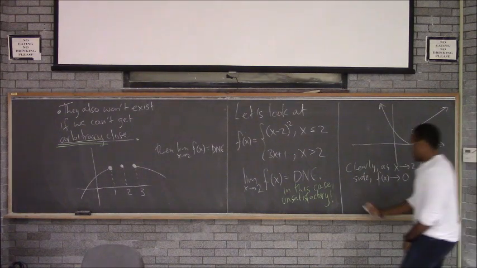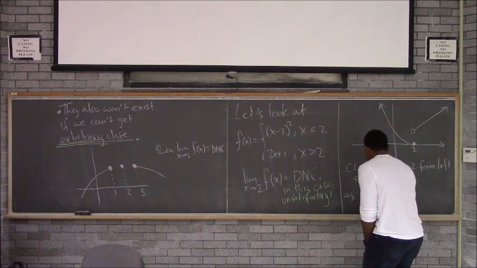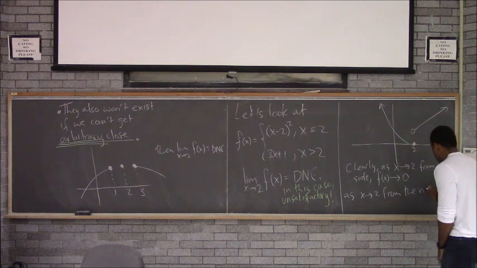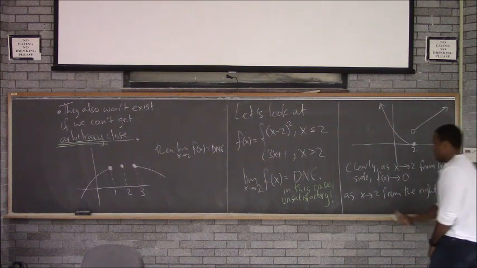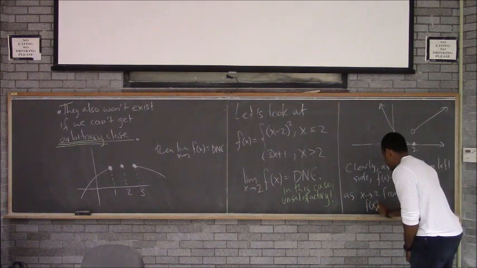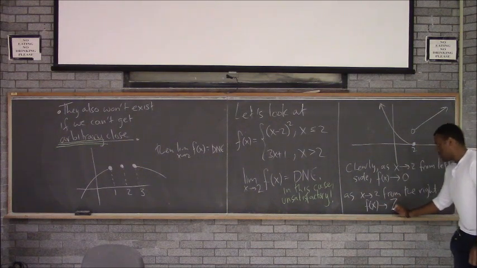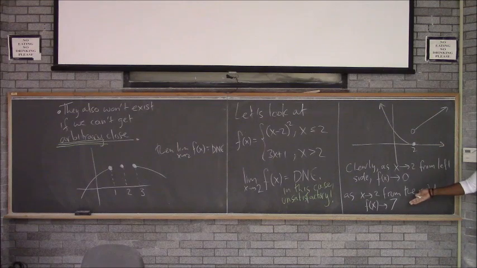If I look at the other side, as x gets close to 2 from the right, I can also clearly say what f is getting close to, which is 7. So I can actually describe what is going on around 2. It just means that I need 2 phrases to do it instead of 1. And that shouldn't stop us, because it's kind of weird for that to stop us.